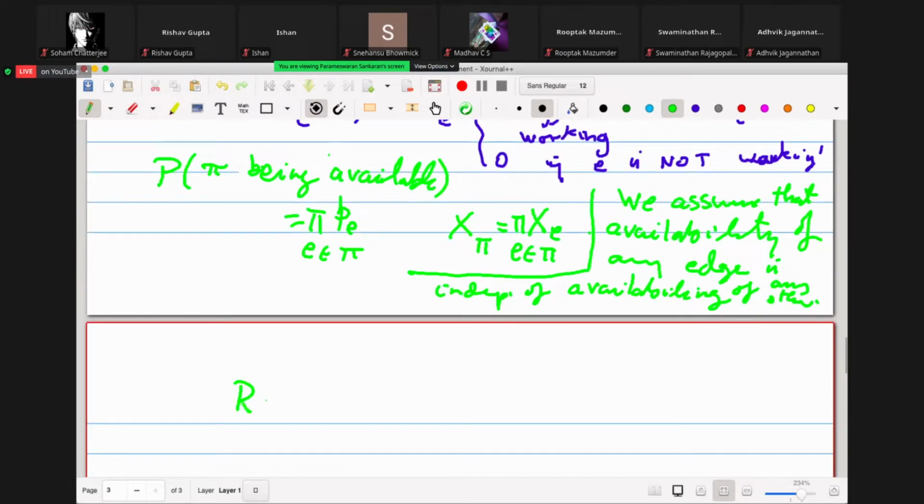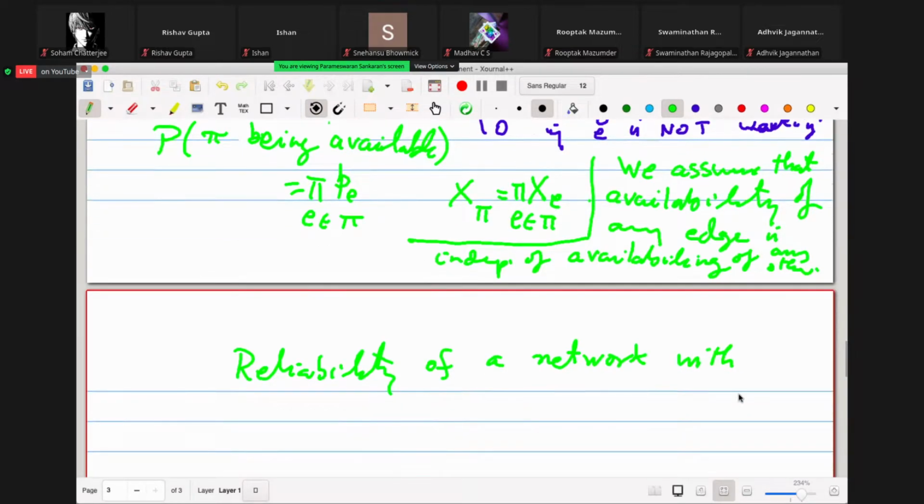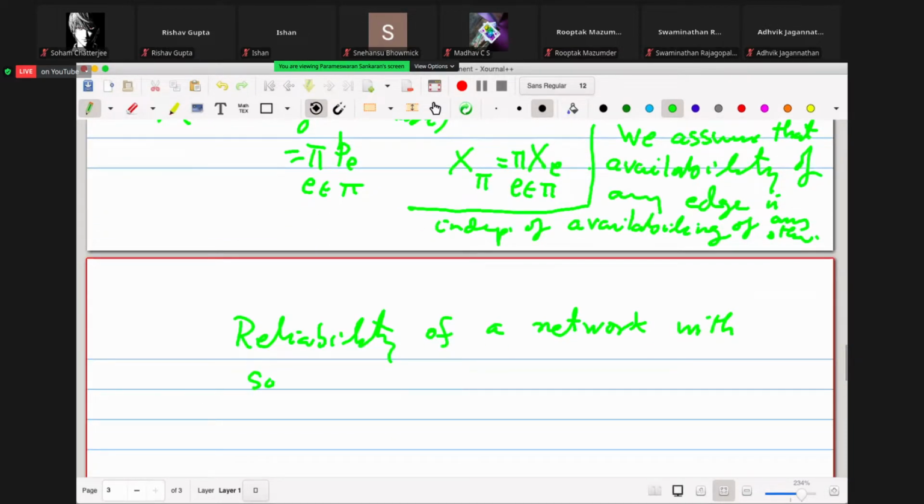So reliability is the ability of a network, a network with the prescribed source and sink, or target T. Is it the expectation or probability?